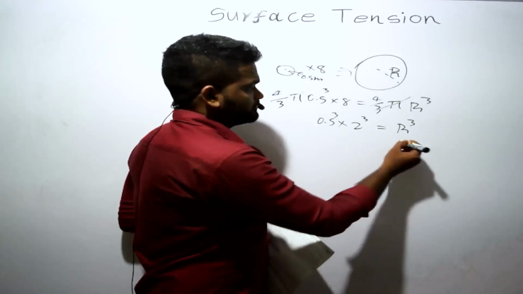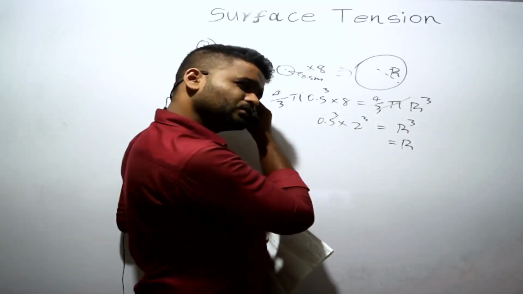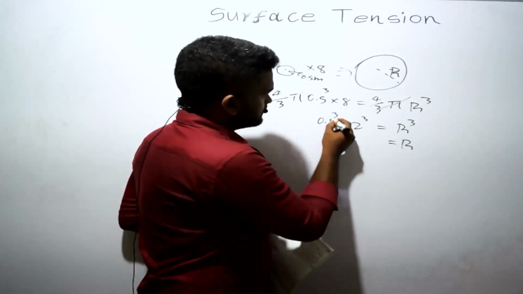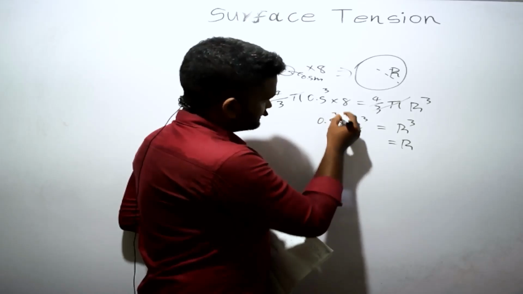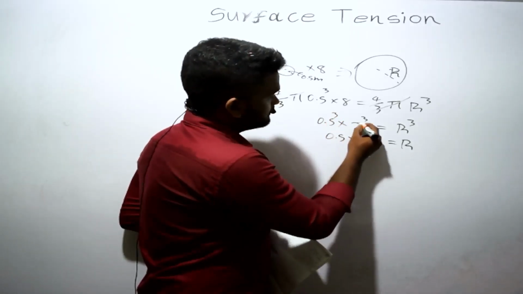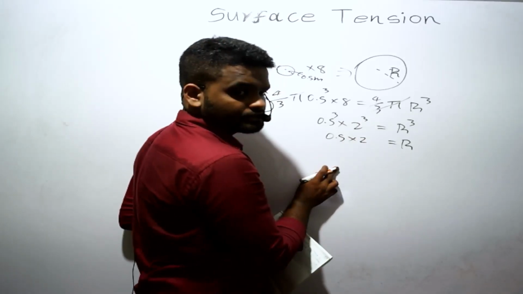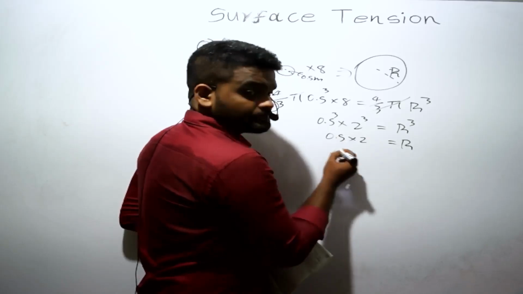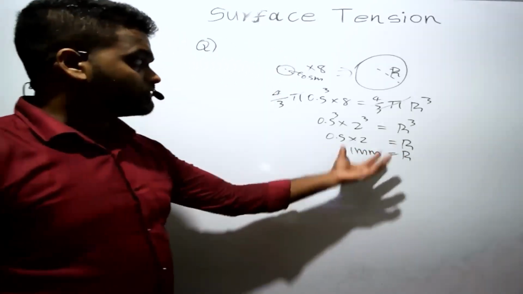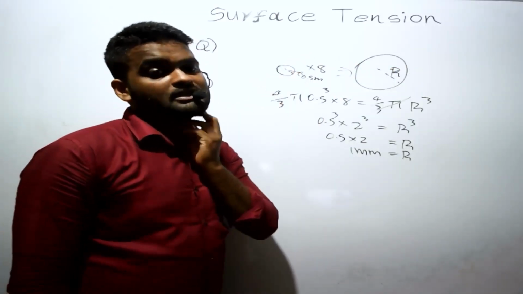Then take the cube root, multiply the power by 1/3. We have 0.5 times 2, that is 1 millimeter. So you can form a 1 millimeter water drop using 8 drops of 0.5 millimeters.